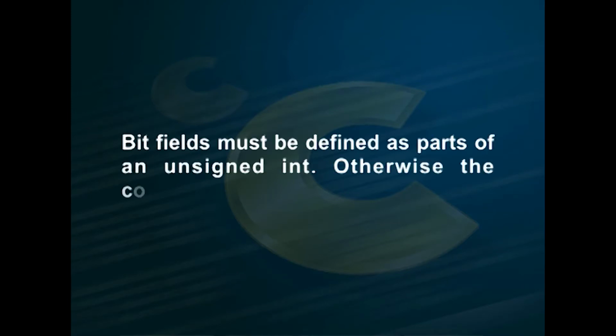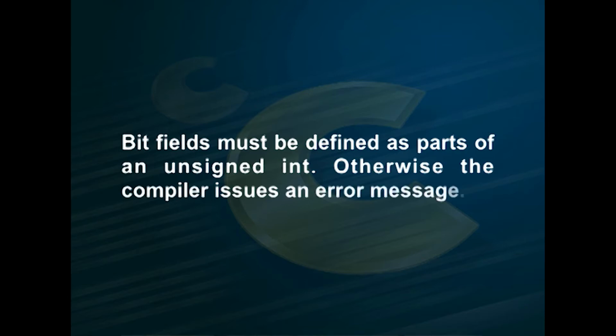If you compile and run such a program, you will see how the bit field values change as the variable index is incremented by 1 each time through the loop. Bit fields must be defined as part of an unsigned int, otherwise the compiler issues an error message.